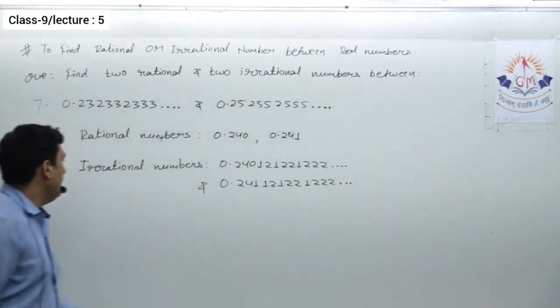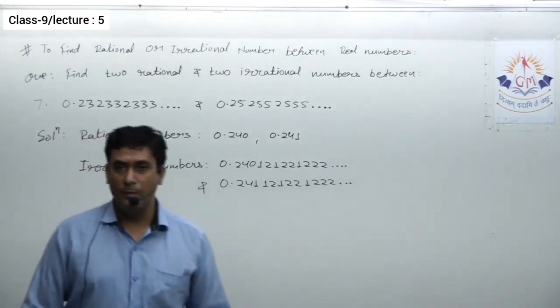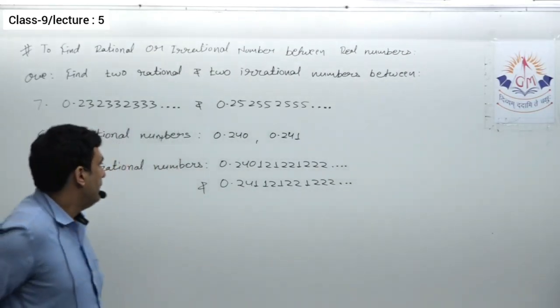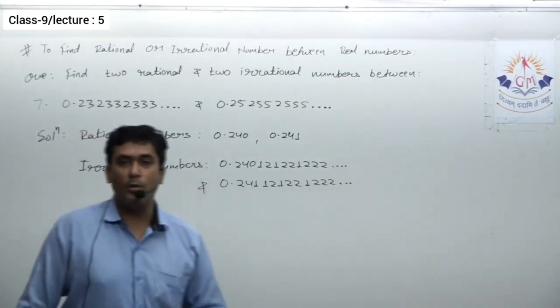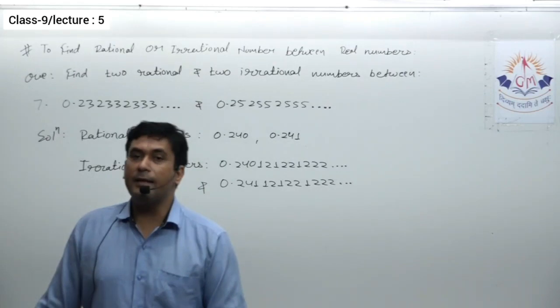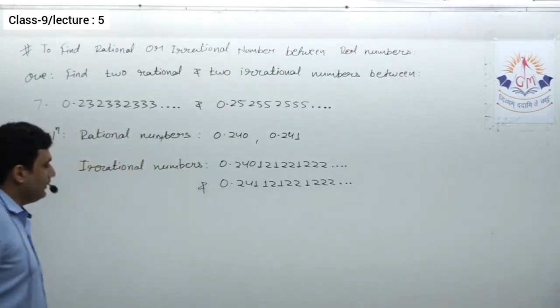Okay, so these are the required rational numbers and irrational numbers between the given set of numbers. So you can see, even though the numbers are irrational, it is possible to write both rational and irrational numbers between the given numbers. So please note it down.